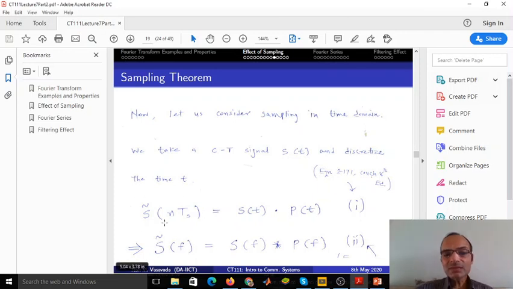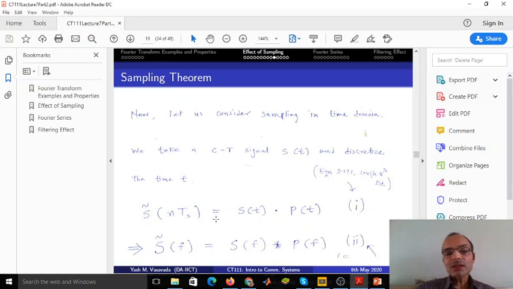The discretized time signal, which I have denoted as s with a wavy hat, we'll call it s tilde. This s tilde is a function of n times Ts. It is a function of discretized time, and is nothing but the original continuous time signal after it is multiplied by p of t.